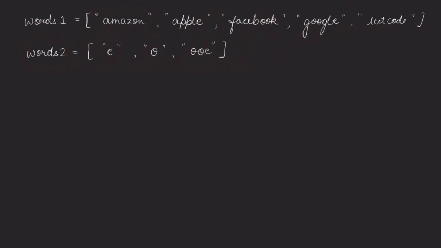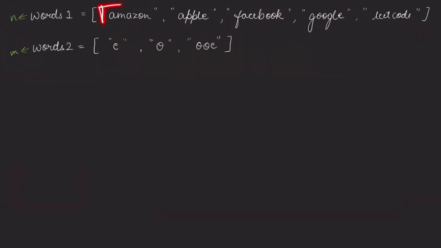So if I say that the length of words1 is n and that of words2 is m, basically, first you will be running a for loop n times, and then you will be running a for loop m times, right? Then you fix each string in words1 and check whether all these strings are a subset of that particular string or not.